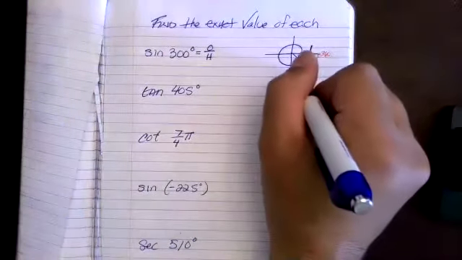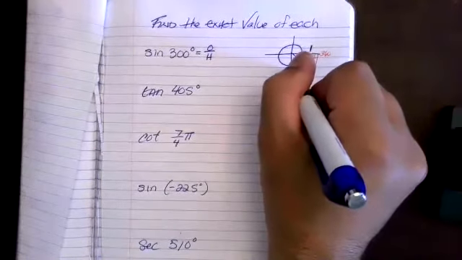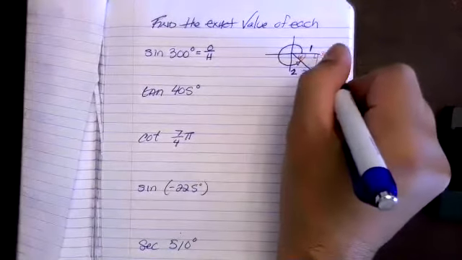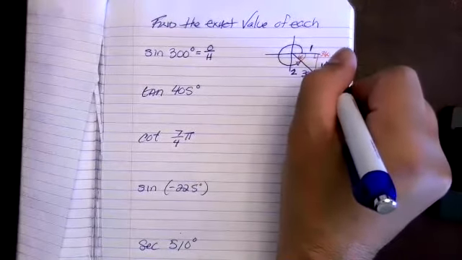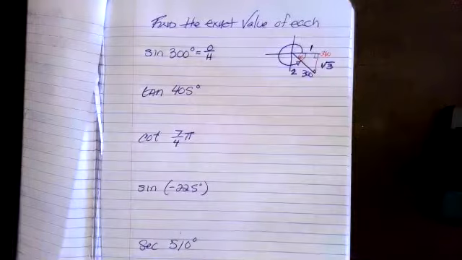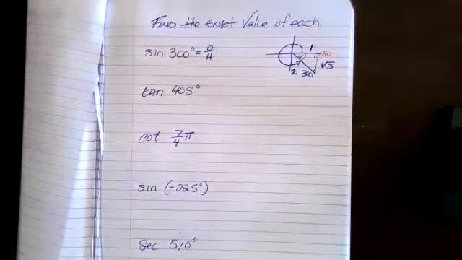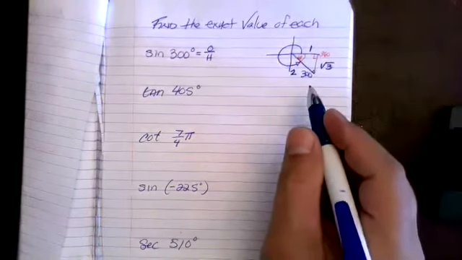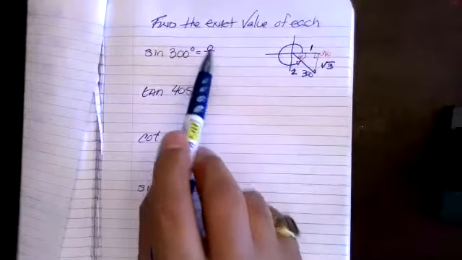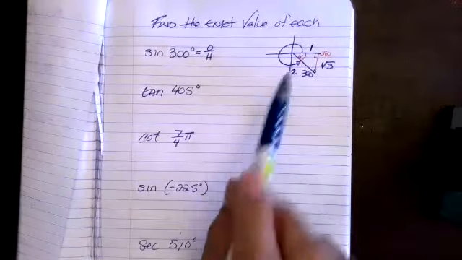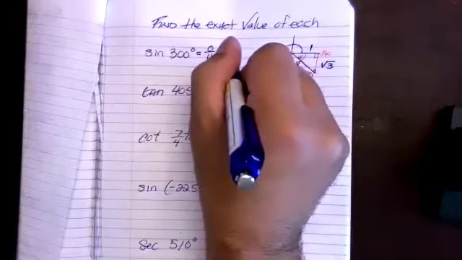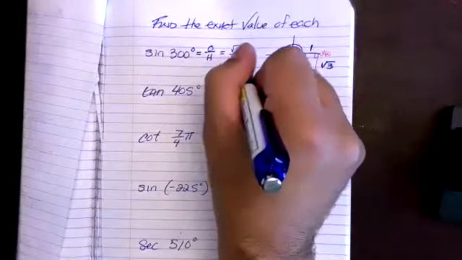Across from 90 would be my longest side of 2. And across from 60 would be my medium side of radical 3. 1, 2, radical 3 triangle would be the ratio. This is a special triangle. So if I know the 3 sides of the triangle, then I could go back here, my opposite over my hypotenuse. My opposite is radical 3, and my hypotenuse is 2.